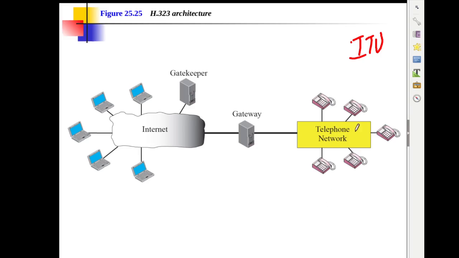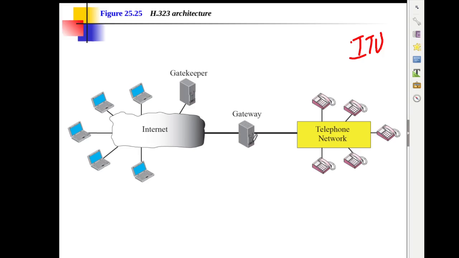Here a telephone network is there, and there are computers, right? So this allows you to communicate between these two. Here you have a gateway. This gateway connects the internet to the telephone network.